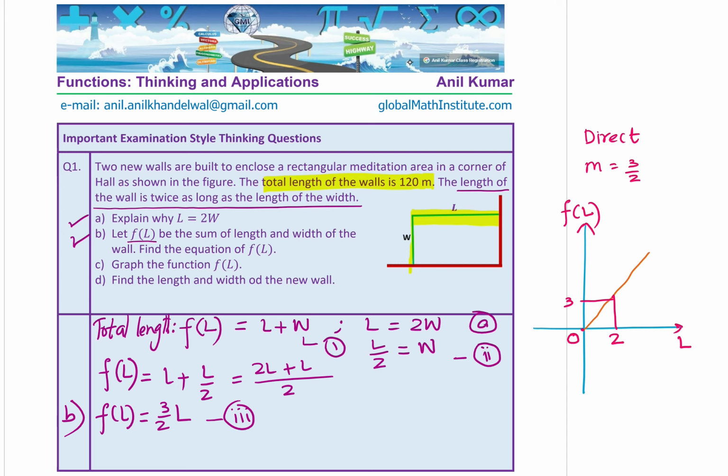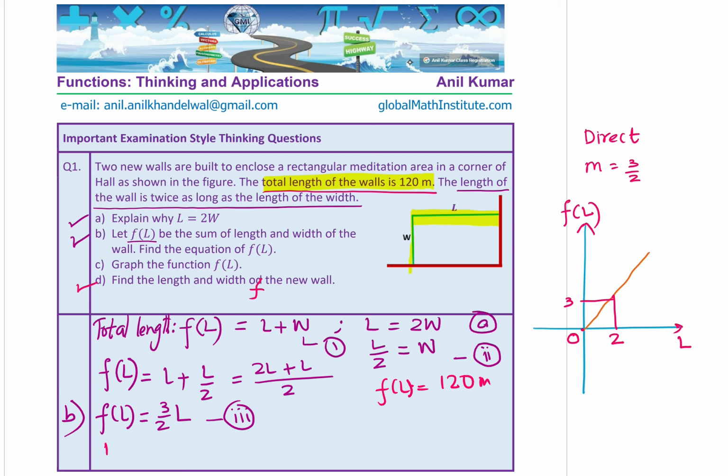Now, what should be the domain and range? That's also a part of this, which is to find the length and width of the new wall. Now, we are also given that the length is 120 meters, right? So total length is 120 meters. That means we are also given that f of L is equal to 120. Is that clear to you?